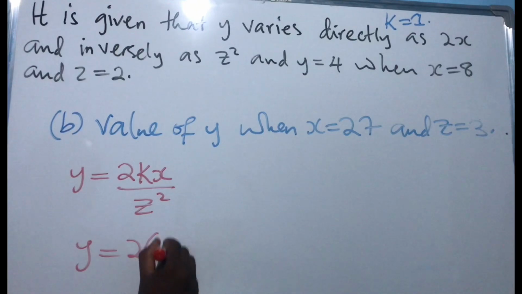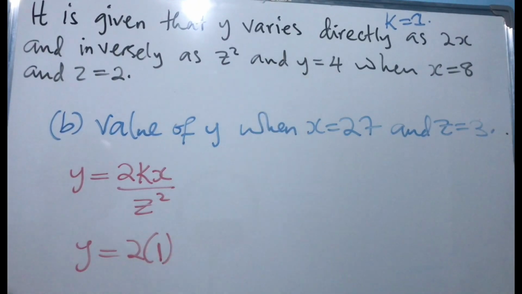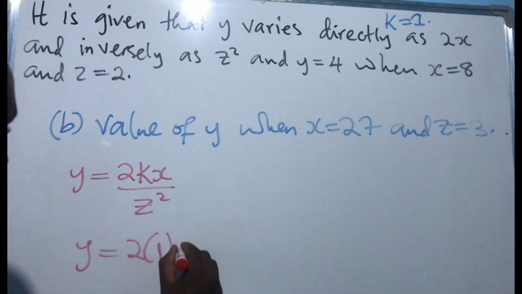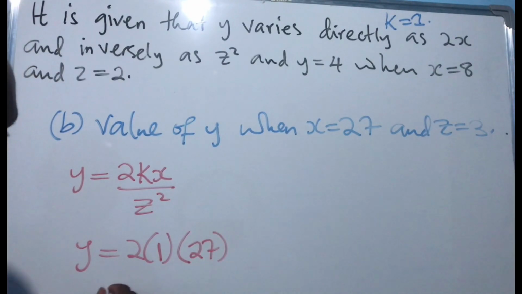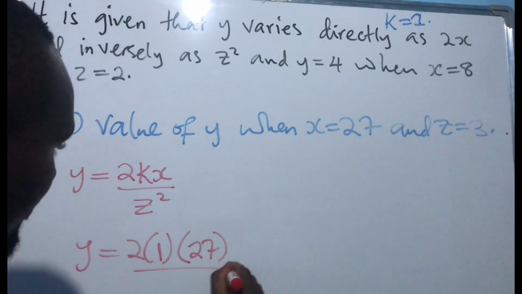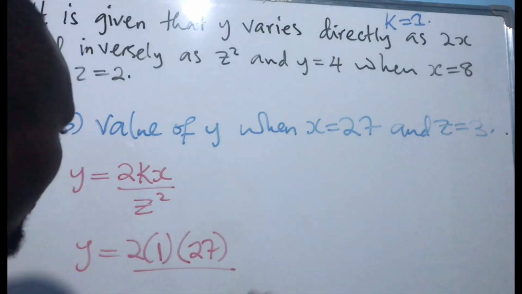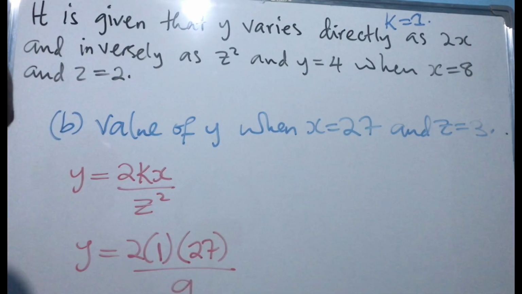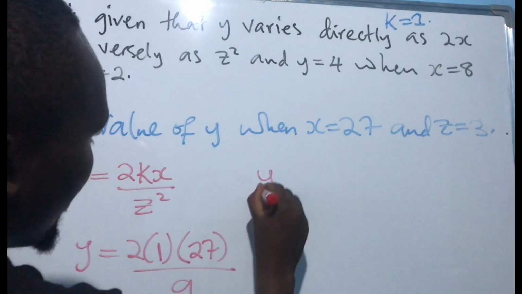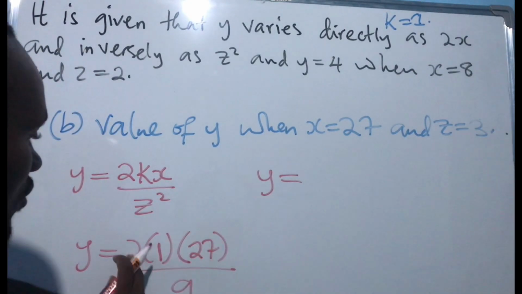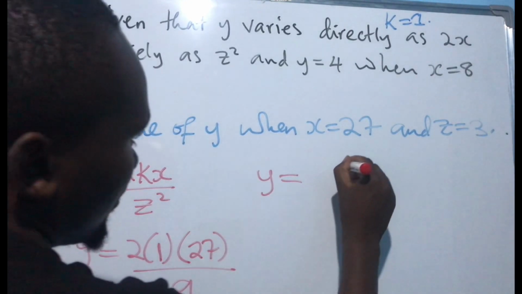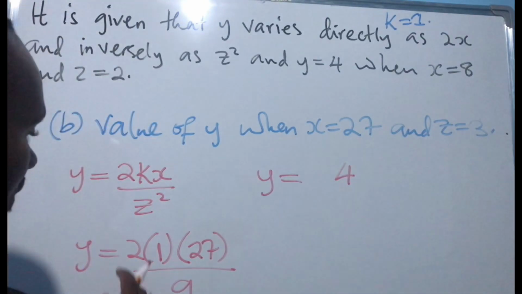2, what's the value of k? 1, from the first question we solved. And then what's the value of x? 27. Then over, what's the value of z? 3, which will give us 9. 3 times 3 is 9. So y will be equal to 27 times 2. So 2 times 7, that's 14, so you write 4, remainder 1, 5.